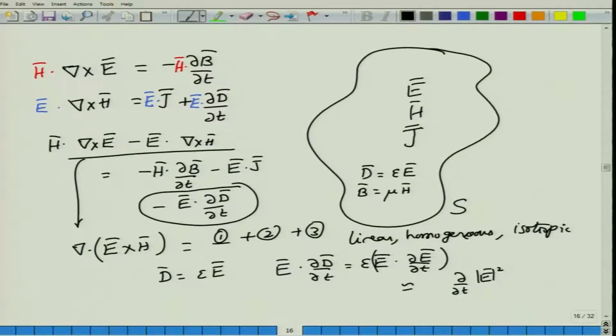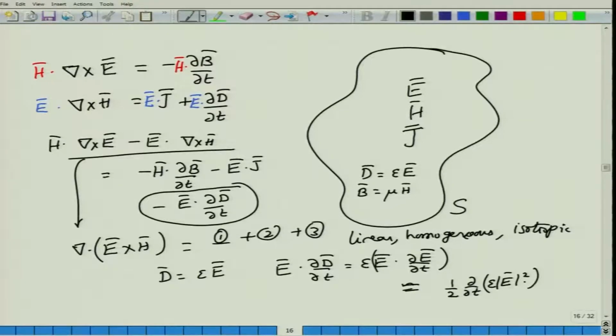So you simply take this one, and of course it would be twice, so you have to put a half factor to this, and there is an epsilon term here. Instead of retaining the epsilon term as a constant outside, I can even put the epsilon term inside. So eventually, for this entire term on the right hand side, I can write this one as half del by del T epsilon magnitude of E square.